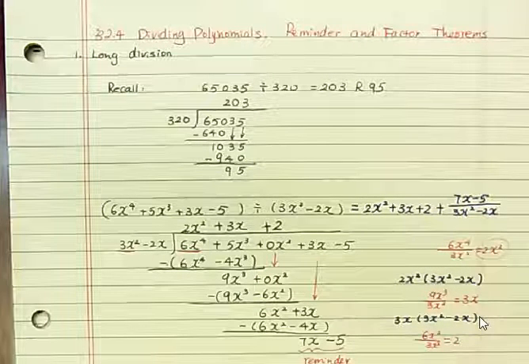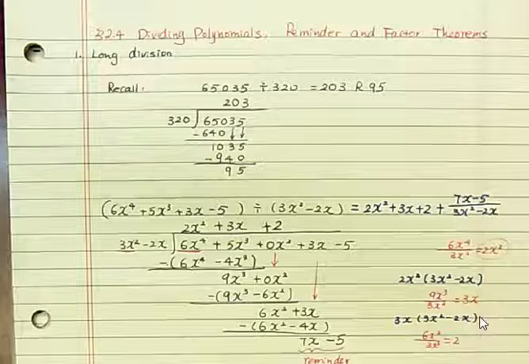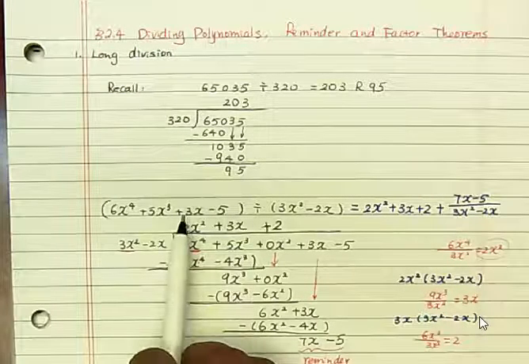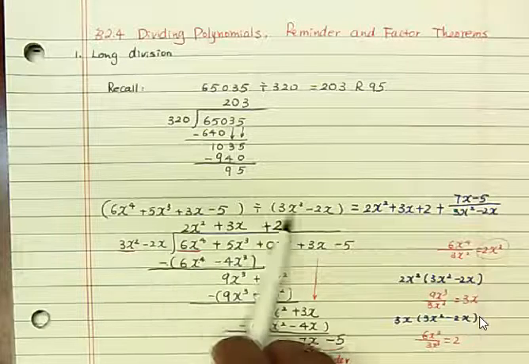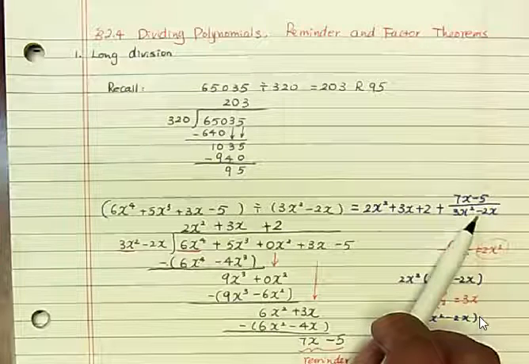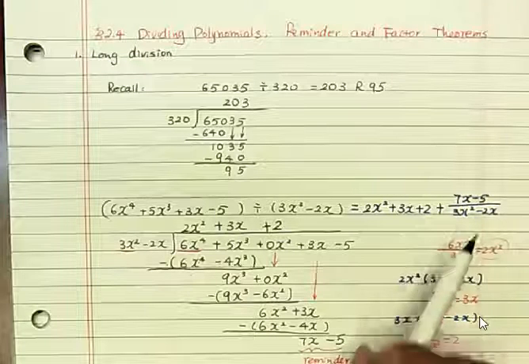Okay, so that is called long division. And here you can see dividend divided by divisor is equal to quotient plus remainder over the divisor. This is called the division algorithm.